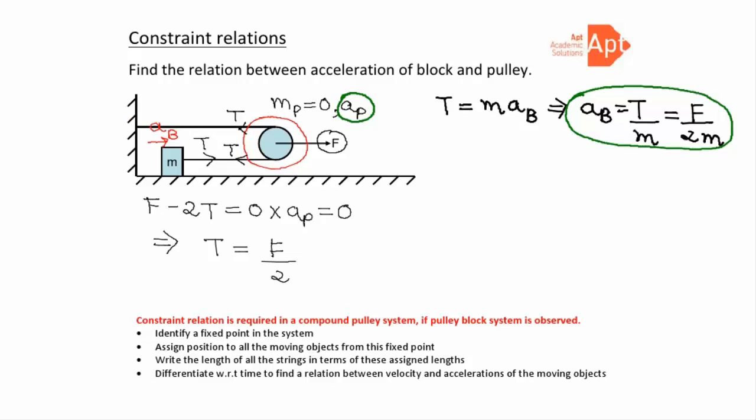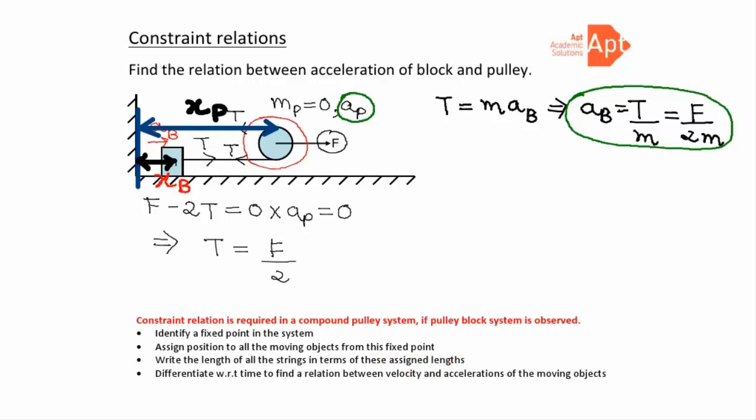So once we have identified this fixed point, what we should do is draw a reference line from here, and from this reference line assign lengths to all the moving objects. So this length is, say, XP, and this length is, say, XB.